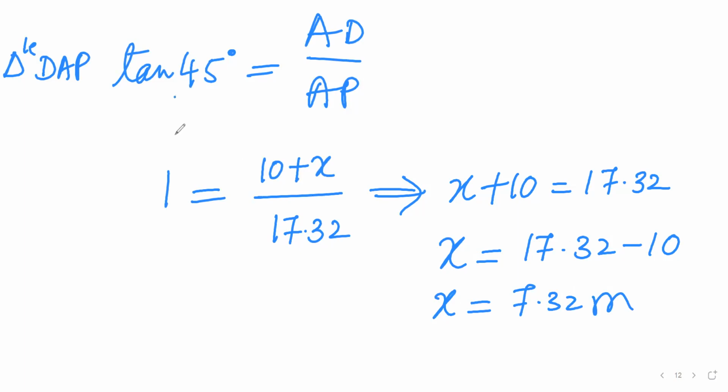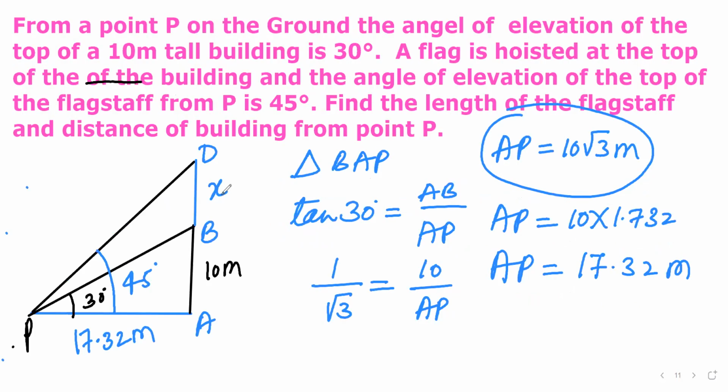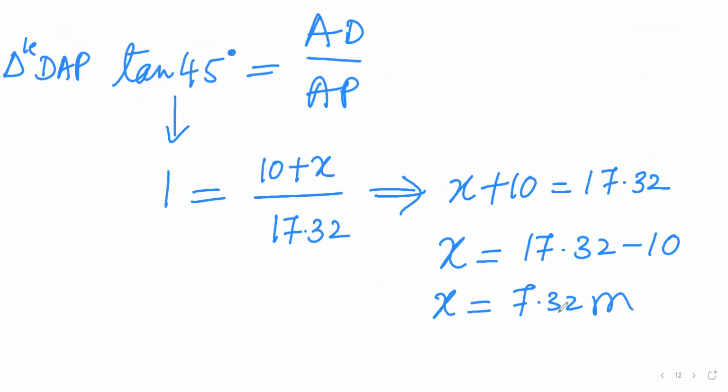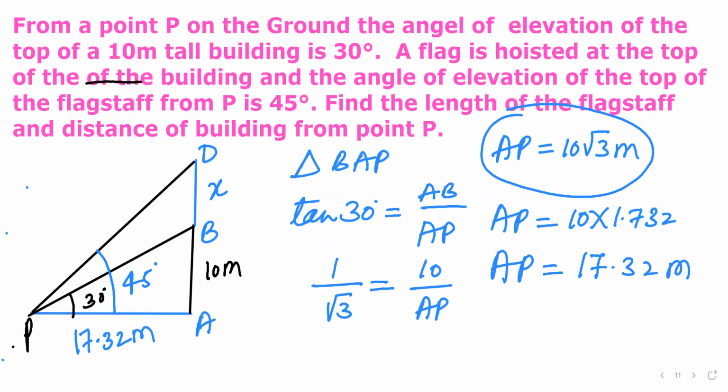So here tan 45 is taken as 1. Then the height of the flagpole is X, which is 7.32 meters. Hope it is clear. So this is very, very important problem, which is repeated most of the time.